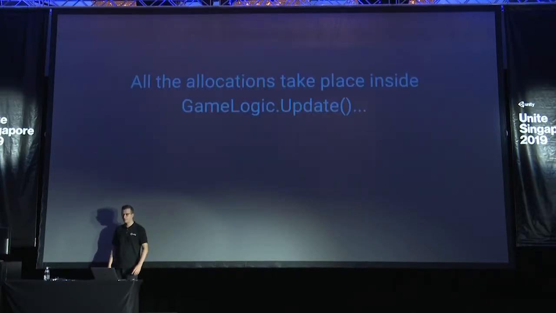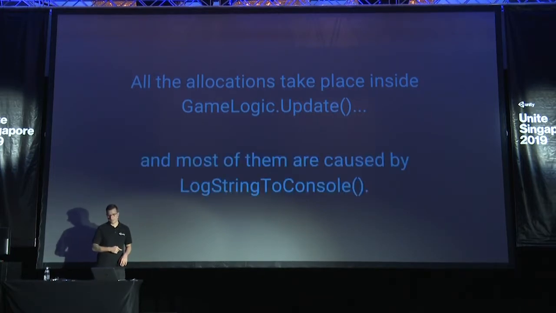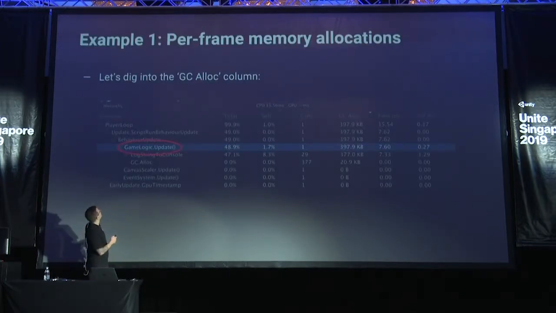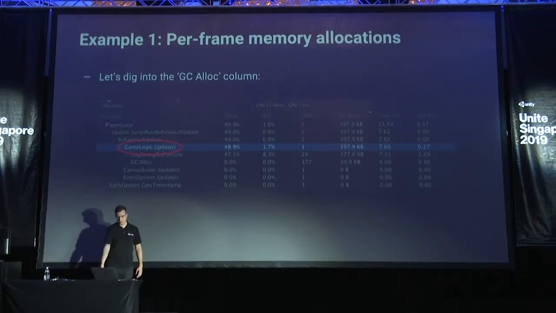So all the allocations take place inside this function, and actually if we get deeper, we could see that it's calling this log string to console method that's getting the 377 kilobytes out of it.